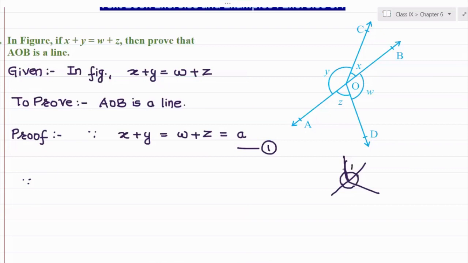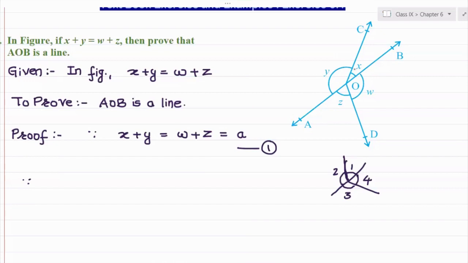If I give the names 1, 2, 3 and 4, and if I ask you what is the addition of all four angles, you will say definitely all four angles are forming a circle, so it will be a complete angle and hence its value will be equal to 360 degree. Same thing is happening here also.